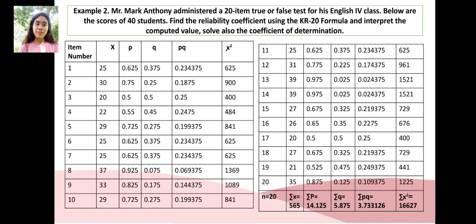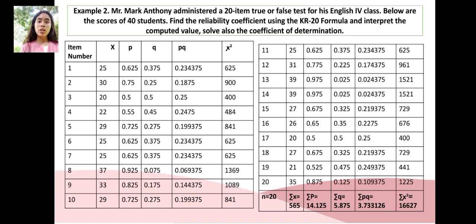Okay, then let's proceed to the summation of the squared scores. Again, the summation of the scores could be computed by 25 times 25 equals 625. Para dili magkalibog, all we have to do is just follow the table, kung unsa ang mga gi-emphasize na mga symbols nila.